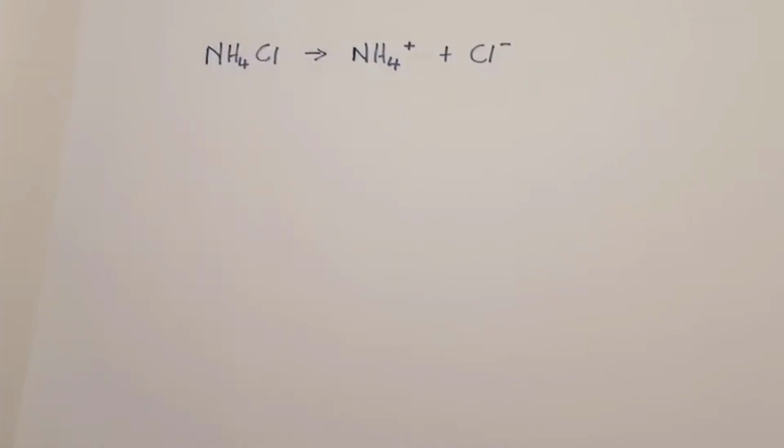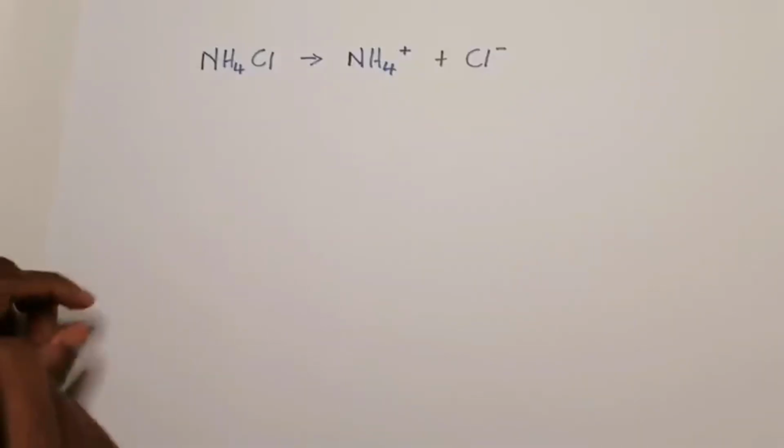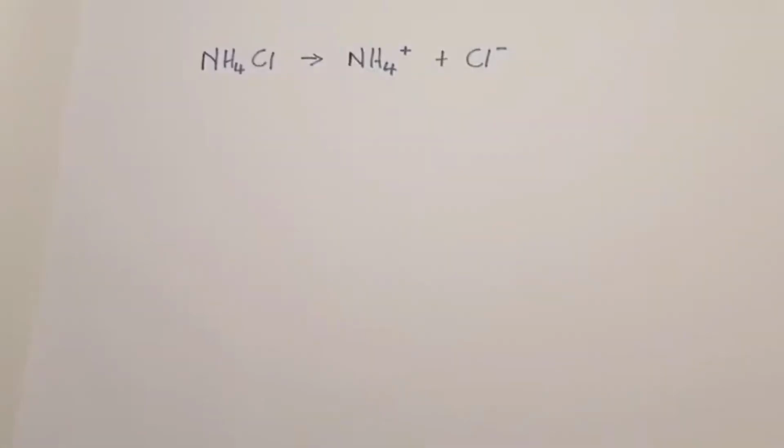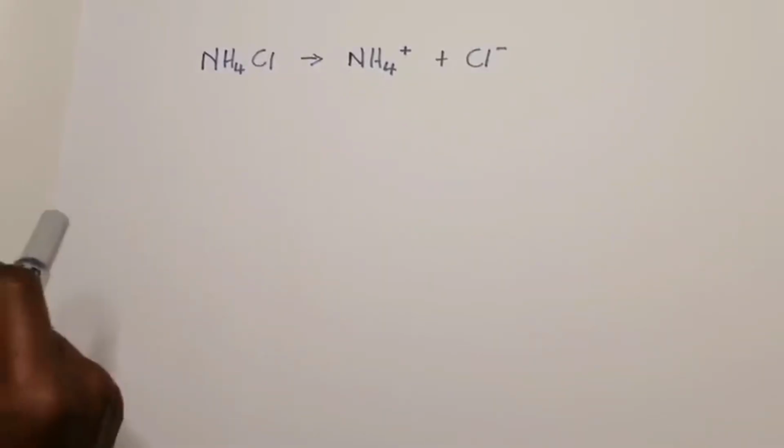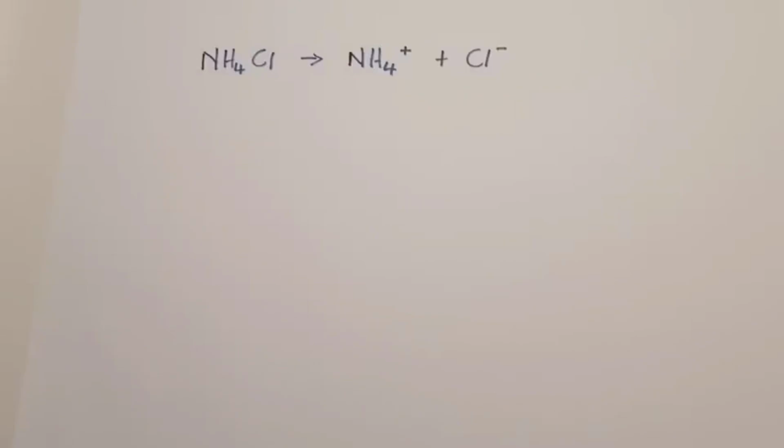It's either you take my videos and you remember this stuff, or you try to understand it. Either way, it works, and you'll still be able to get full marks. So ammonium chloride. We want to prove whether the resulting solution is acidic, basic, or will it remain neutral.